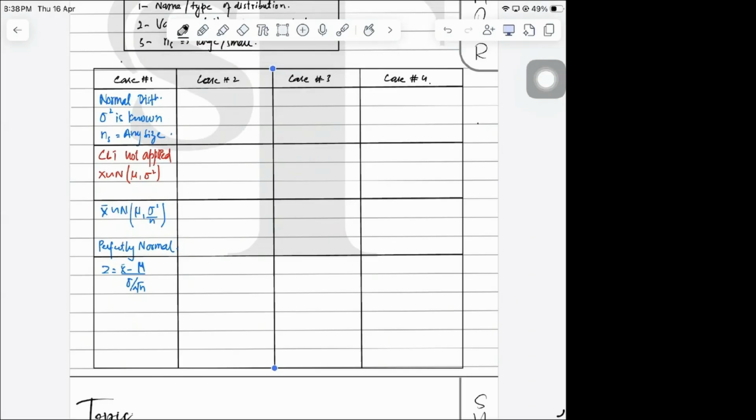And at that time, the confidence interval will be x bar plus minus Z sigma over under root of n.